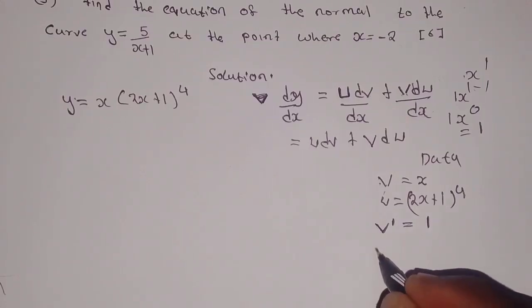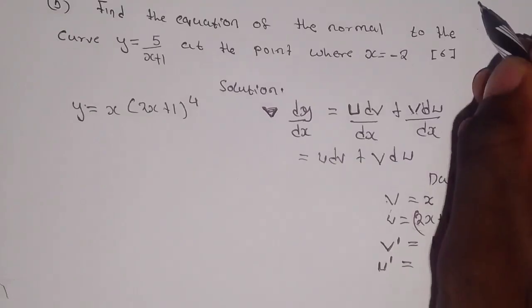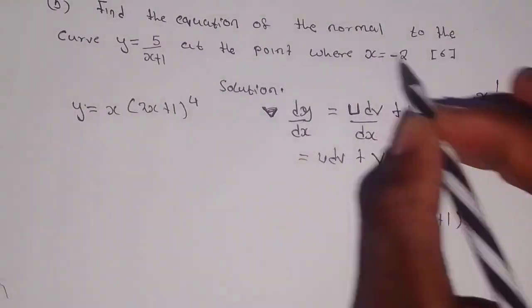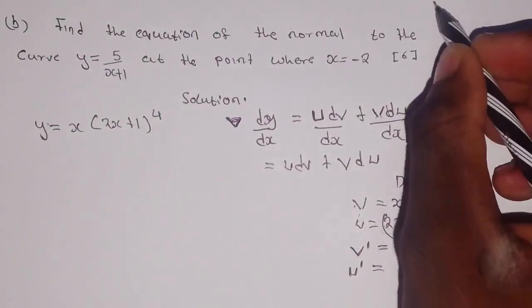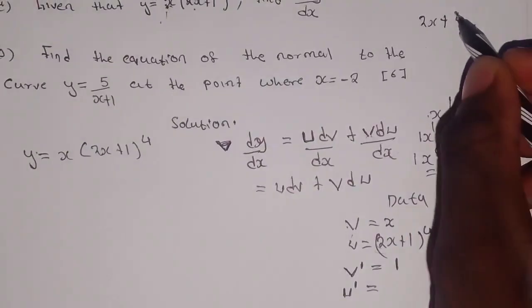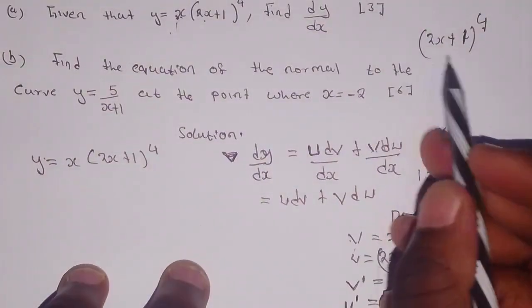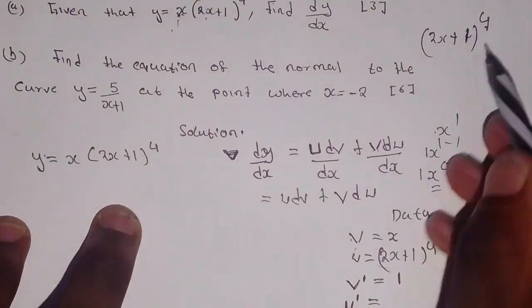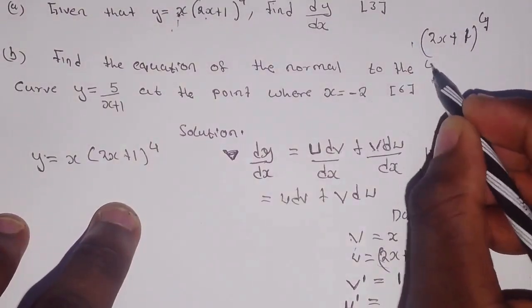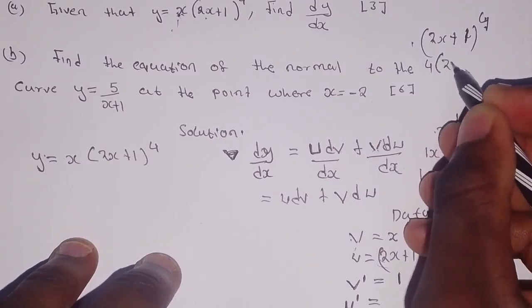Let's now find our du. A situation like (2x + 1)^4 can be differentiated as you do 4 multiplied by this. So we have 4, then you open brackets and put 2x + 1 inside.